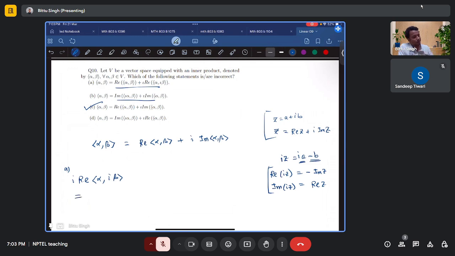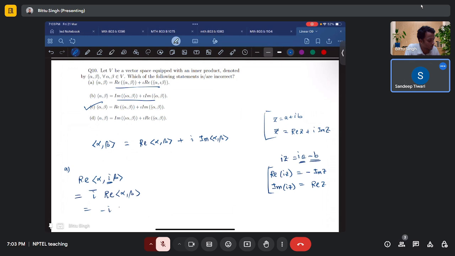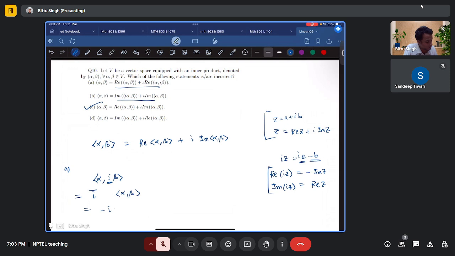So using the property of inner product, we take the conjugation of the second part and multiply with the inner product alpha comma beta. So the inner product of alpha comma i beta is the same as minus i times the inner product of alpha comma beta.